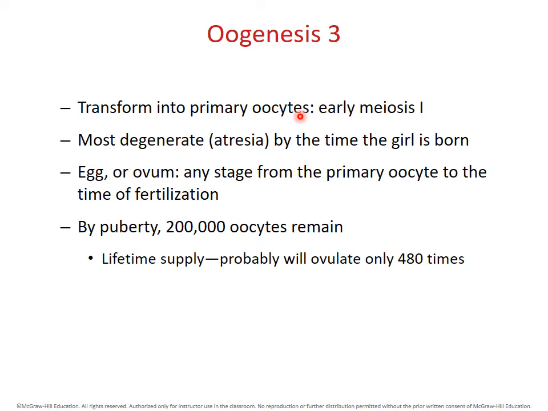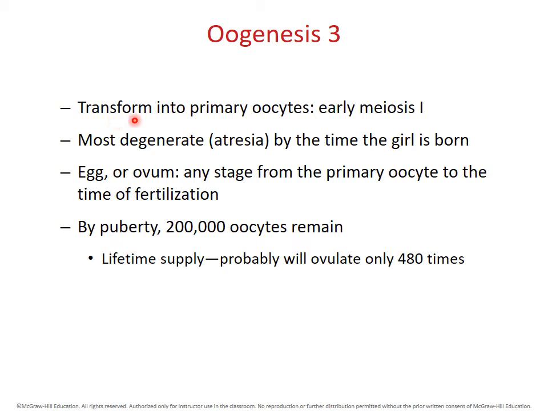So under oocytes, you want to list primary oocyte and secondary oocyte. And right now, we're just talking about the primary oocyte. So it has begun the first meiotic division, but it gets arrested, it gets stuck somewhere in late prophase, early metaphase of that first meiotic division.